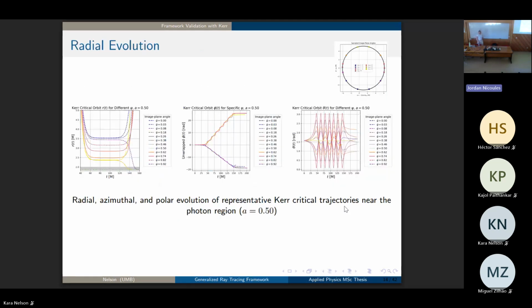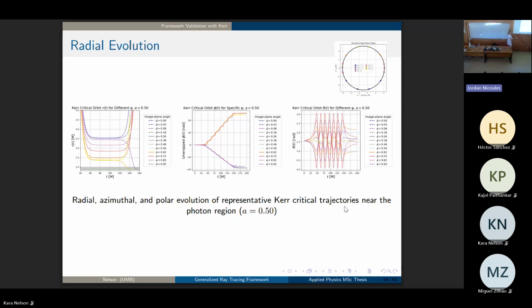Then we get into some radial evolution, azimuthal evolution and polar evolution. This is something that makes intuitive sense when you're thinking about the critical curve, but maybe you haven't seen this type of plot before, especially in the azimuthal direction. We zoom in, we classified a bunch of trajectories as near critical, and we look at how the radial coordinate evolves with time.